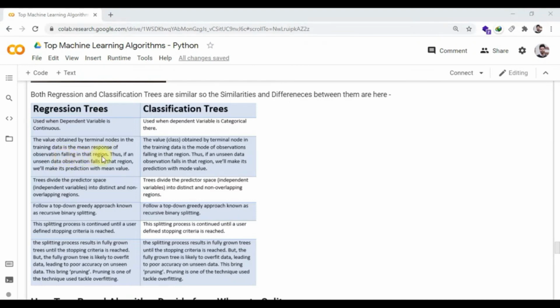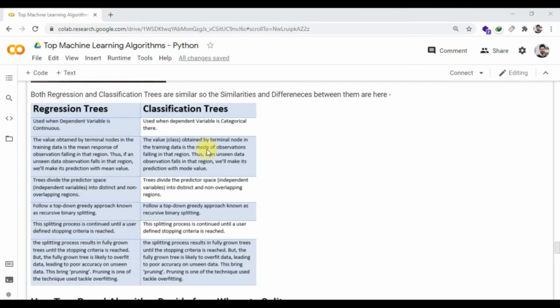Thus, if an unseen observation falls in that region, we will make its prediction with the mean value. In the classification part, the value obtained by a terminal node in the training data is the mode of the observations falling in that region.